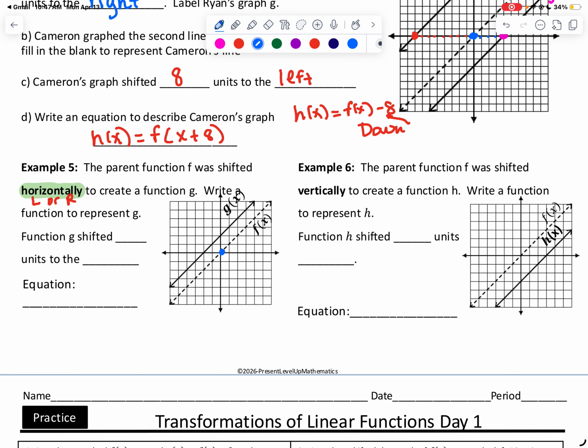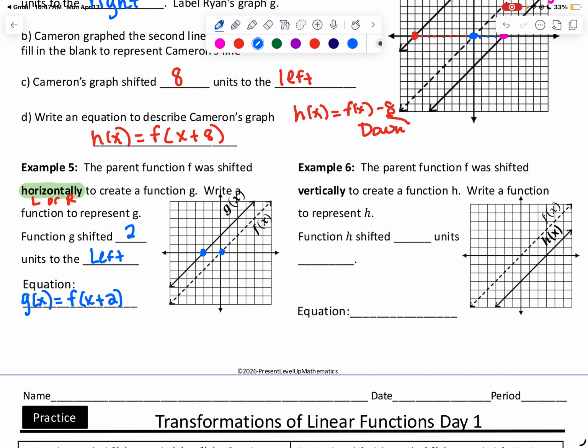To get to the x-intercept on g, I would have to go 1, 2 units to the left. So to write a function rule in terms of f of x, I would say g of x is equal to f of x plus 2, because we move 2 to the left.